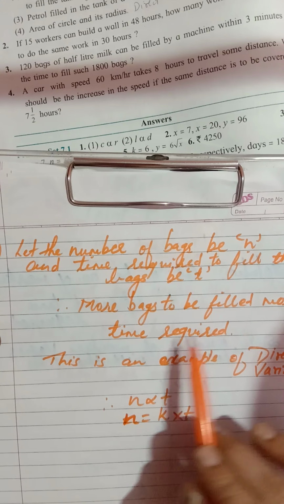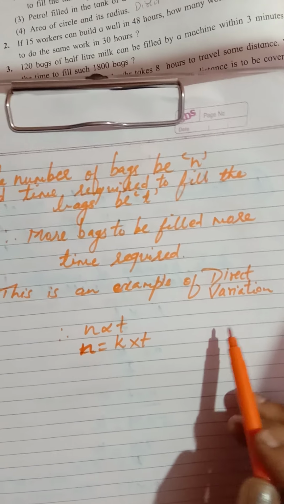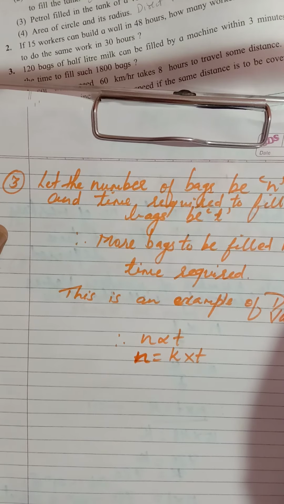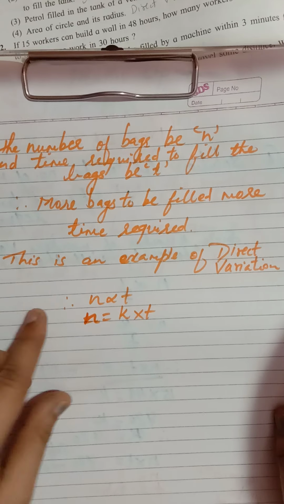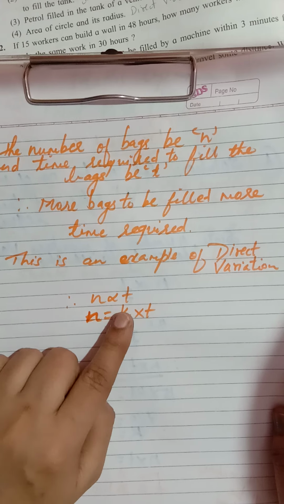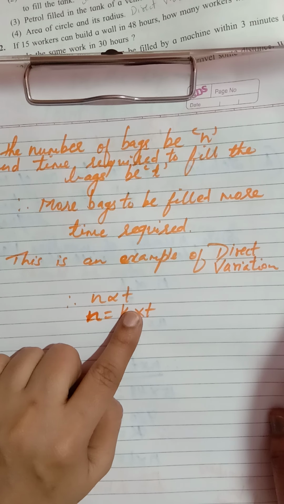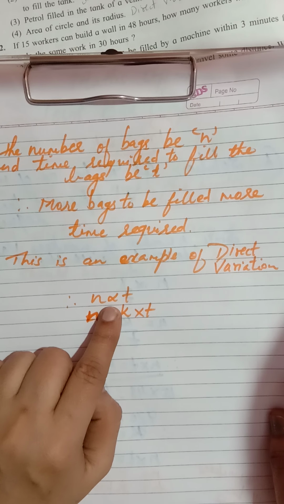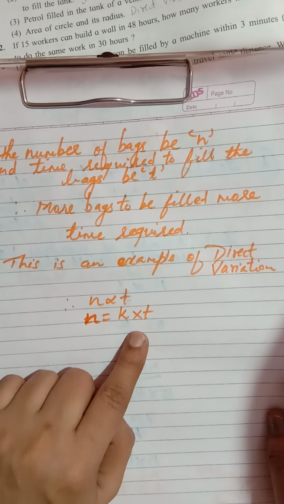More bags to be filled, more time will be required. So n is directly proportional to t, that means n varies directly with time. So n is equal to k into t.